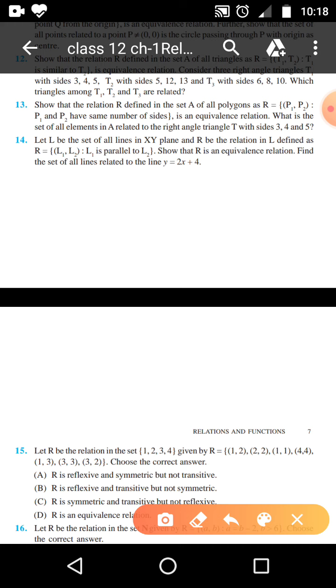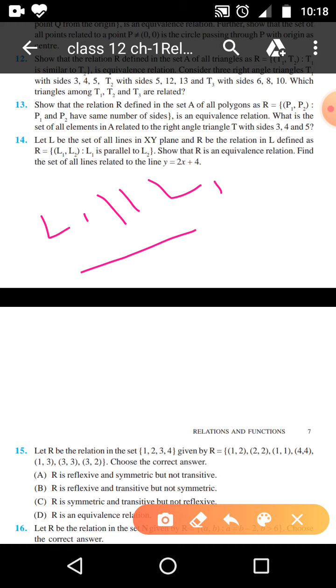the relation R is equal to {(L1, L2) such that L1 is parallel to L2}. So for this particular relation, if we consider a line L1, then it is parallel to itself, and it shows the given relation is reflexive.